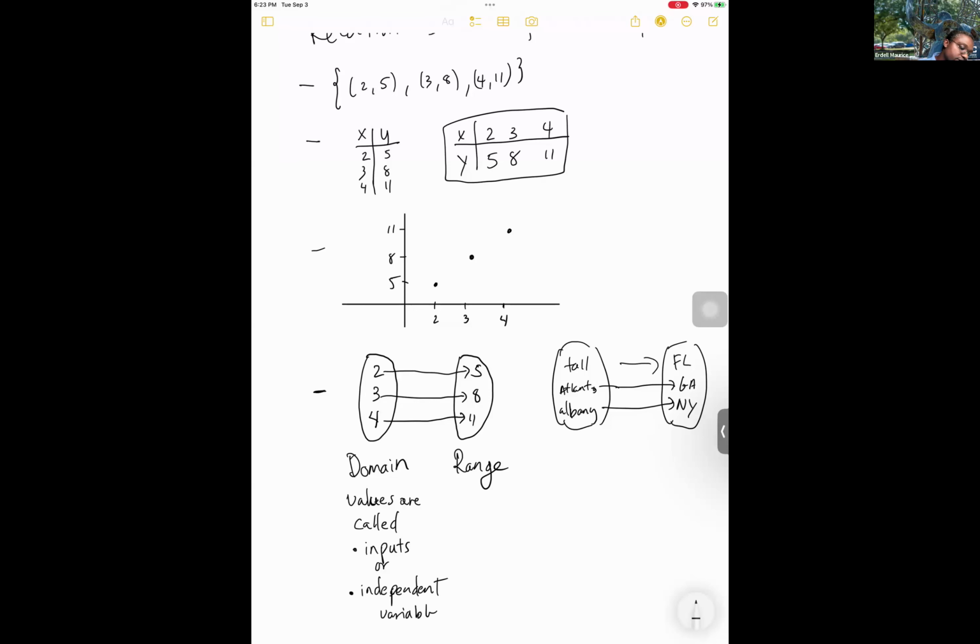The values of the range are called either your outputs or your dependent variables.